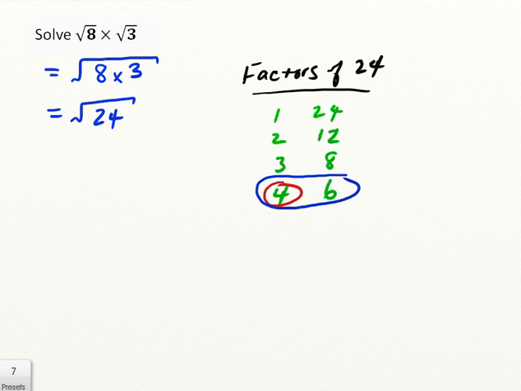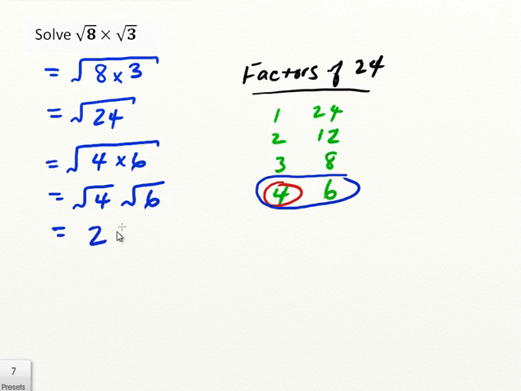And why would we do that? Well, because root 24, and notice that I'm going to write the perfect square, the 4, first, is the same as root 4 times 6, which is the same as root 4 times root 6, and we know that root 4 is 2.